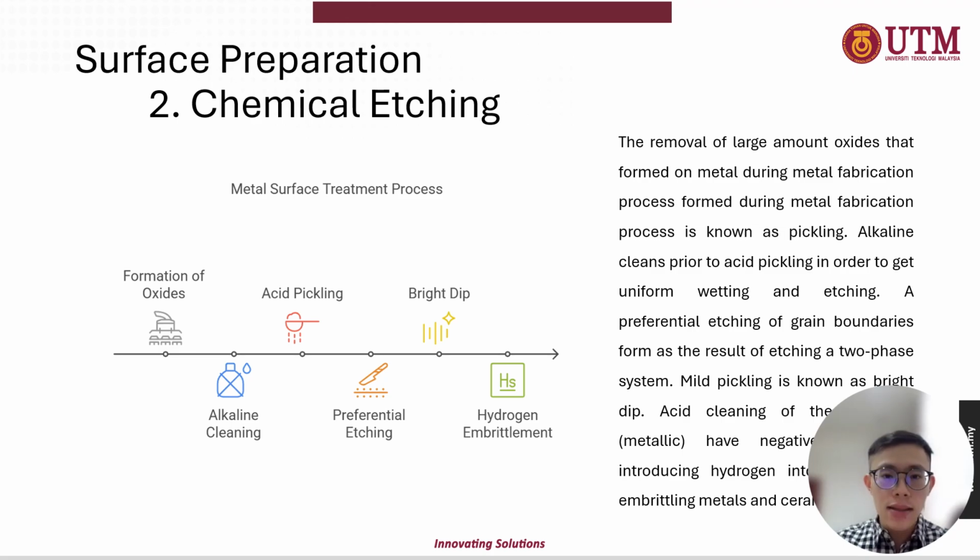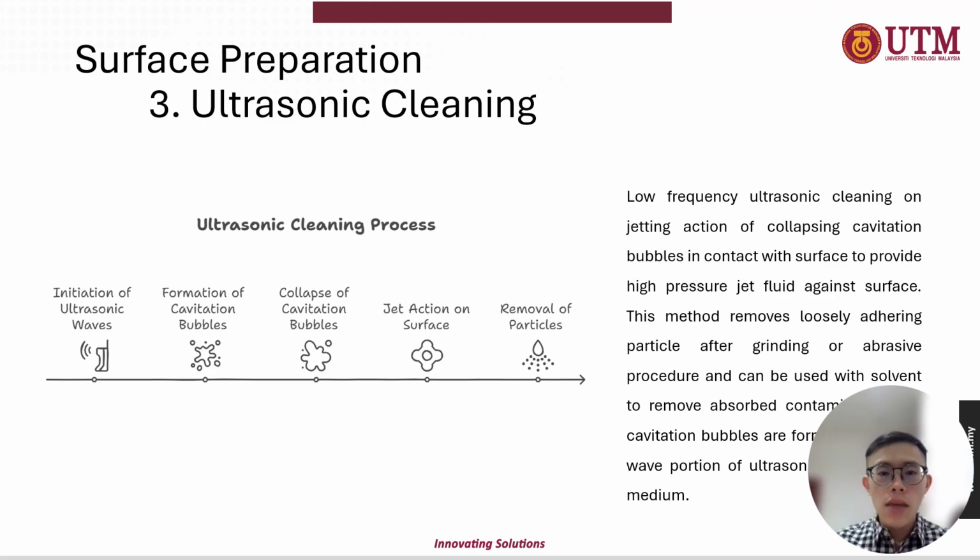So if we look at here, this is the metal surface treatment process from the formation of oxide up to the hydrogen embrittlement. If we look into the next process of surface cleaning, we also have to look into ultrasonic cleaning. Ultrasonic cleaning works by inducing low frequency ultrasonic waves, giving a jetting action from the collapse of cavity bubbles on the contamination at the surface, providing a high pressure fluid jet against the surface.